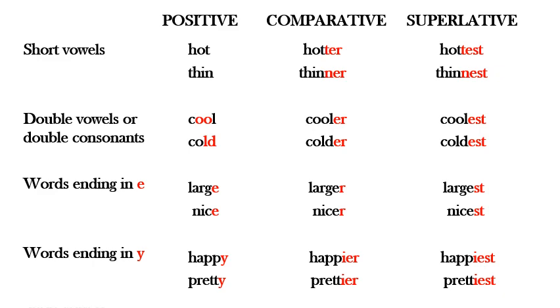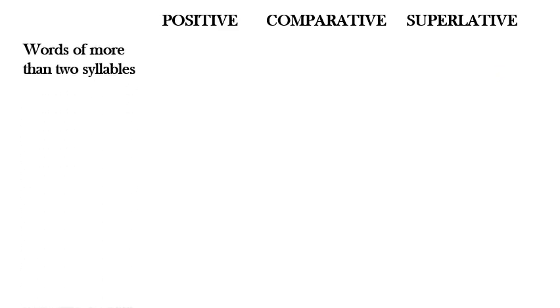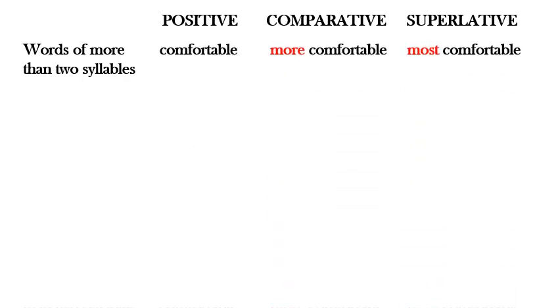Let's carry on. Here you've got words of more than 2 syllables. An example there, comfortable. Now, that one is a 4-syllable word. Comfortable. Right? That's what your syllables are. They're your basic units of sound. And this one has 4 of them. So it's comfortable.